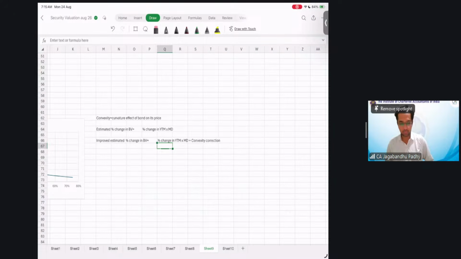Okay. So improved percentage change in bond value is percentage change in YTM into modified duration plus convexity correction. That convexity correction will be added to it so that we are able to remove the error in it.